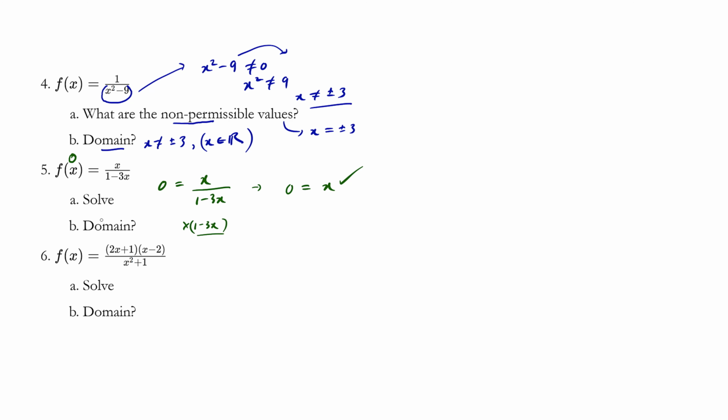However, what's the domain? Again, the big rule in math is you can't divide by 0. So we state 1 minus 3x, the denominator, does not equal 0. This is simple algebra. We just move the 3x over, and you divide by 3. Let's take a peek at Desmos.